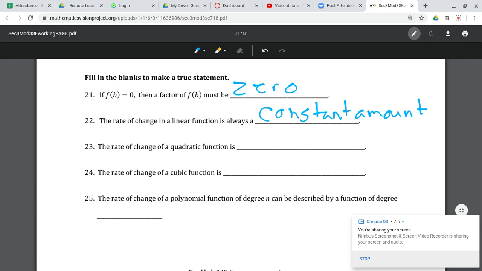Then you're going to look at the rate of change in a quadratic function, the rate of change in a cubic function, and the rate of change in a polynomial function of degree n can be described by a function of degree n minus something. Basically, with the rates of change of different functions, a linear function has a degree of 1, but its rate of change is a constant amount, so a degree of 0. The rate of change of a quadratic function goes 1 degree down. Quadratic is squared, so 1 down from that would make it linear.